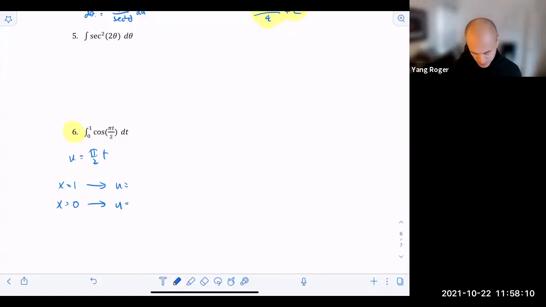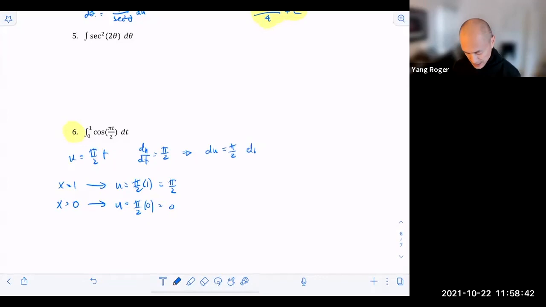All right, folks. Let's change these limits of integration. So when x is equal to 1, u is going to be equal to pi over 2 times 1, which is just pi over 2. When x is equal to 0, u is equal to pi over 2 times 0, which is 0. I need to calculate my du dt. So my du dt is equal to pi over 2. And this means my du is equal to pi over 2 dt, which means my dt is equal to 2 over pi du.